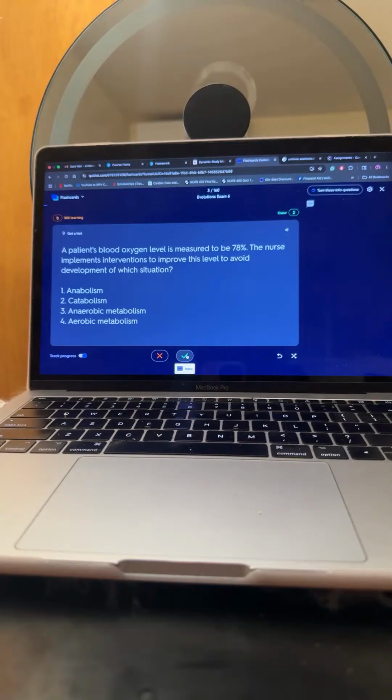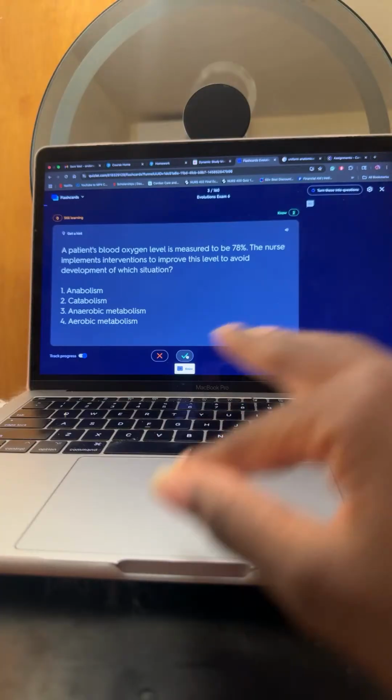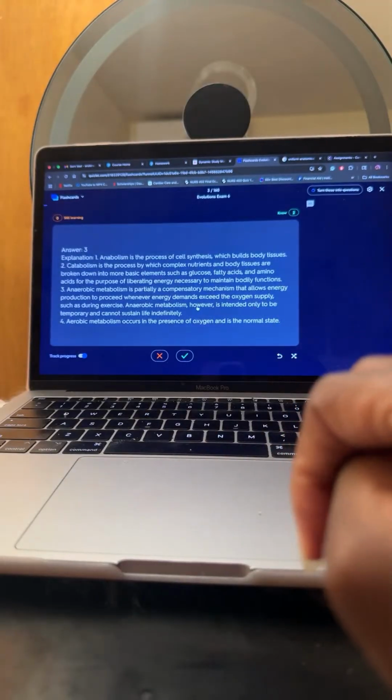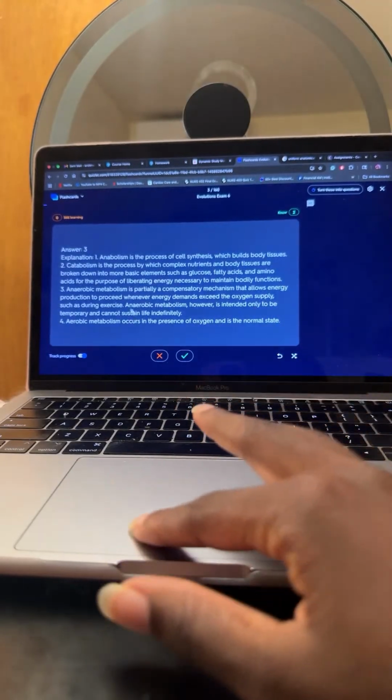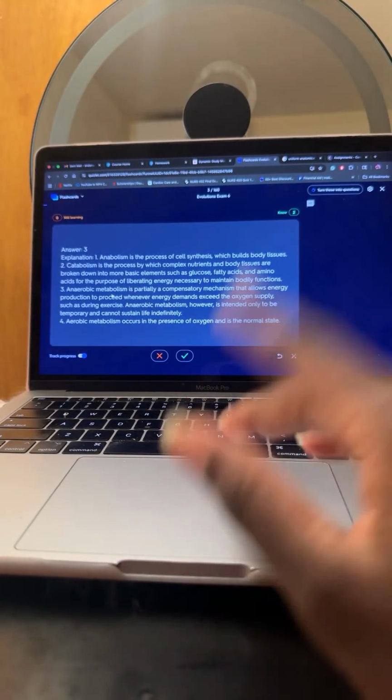The nurse implements interventions to improve this level to avoid development of which situation. So this one is 3. If they have a low oxygen, we don't want them to start doing anaerobic metabolism. So I'm going to go with 3. And that is the correct answer. And it just gives me the rationale.